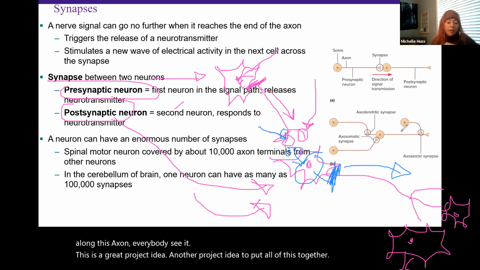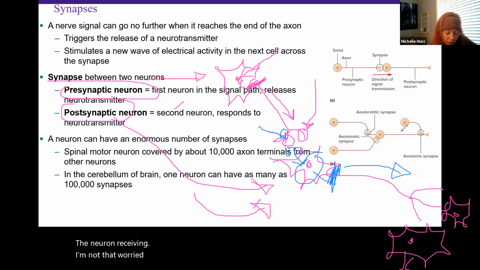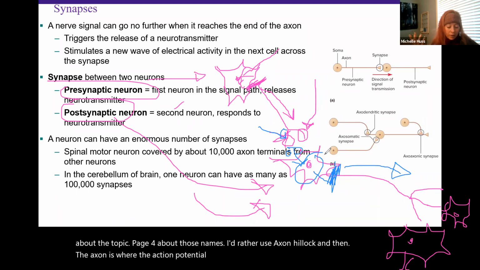The neuron receiving, I'm not that worried about calling it input and trigger and conduction zone. So I'm not that worried about the top of page 4 about those names. I'd rather use axon hillock, and then the axon is where the action potential happens, and the axon terminal is where I release the neurotransmitter.